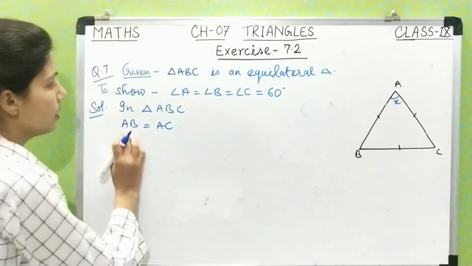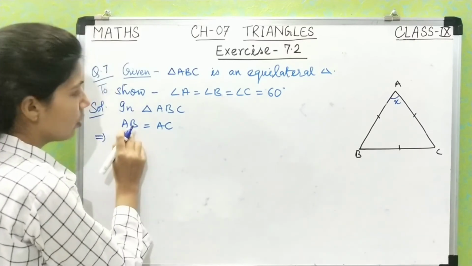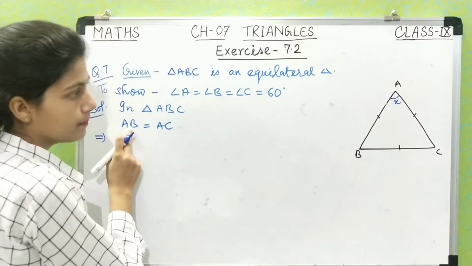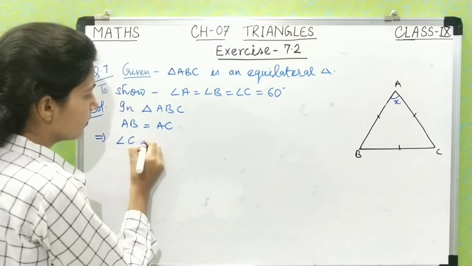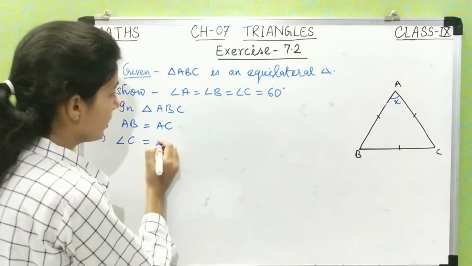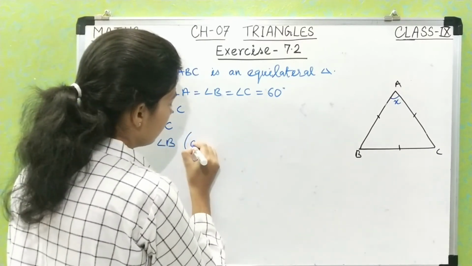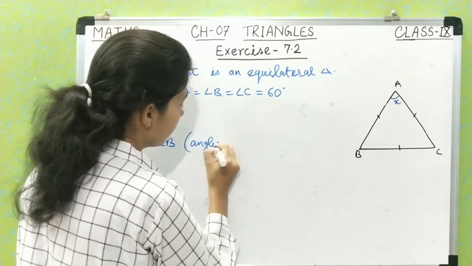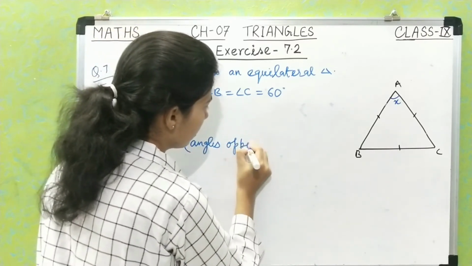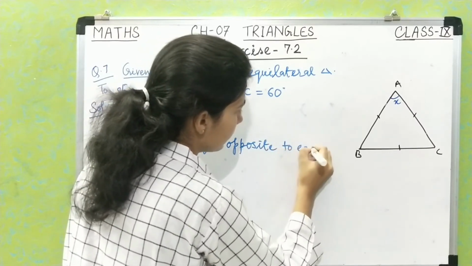So AB equals AC, this implies that the angle opposite to AB, that is angle C, will equal the angle opposite to AC, that is angle B. Why? These are the angles opposite to equal sides.